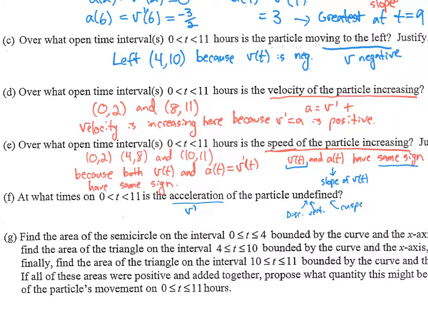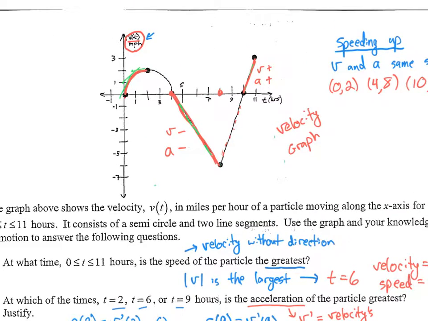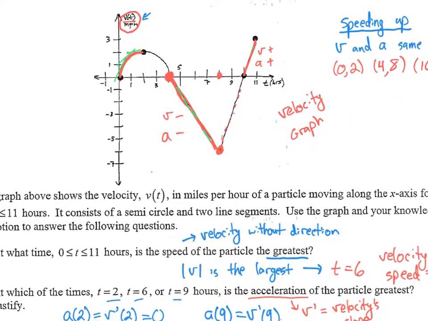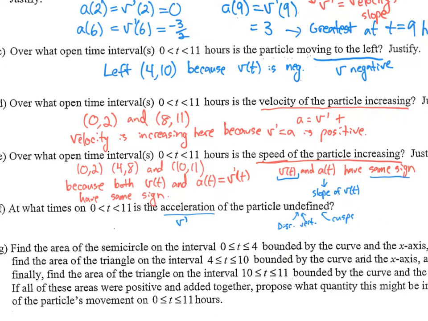And you can see that there are certainly a few of those up in that velocity graph. If we zoom up there, it looks like a cusp at 4 and a cusp at 8 are our two primary places where the slope is undefined. So we would say at t equals 4 and t equals 8, the acceleration is undefined.